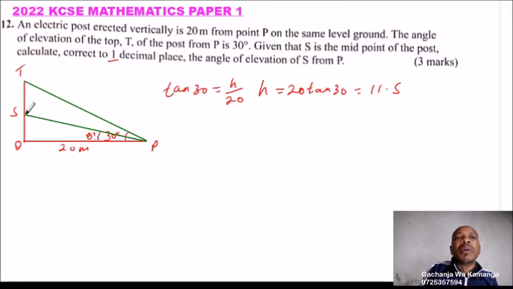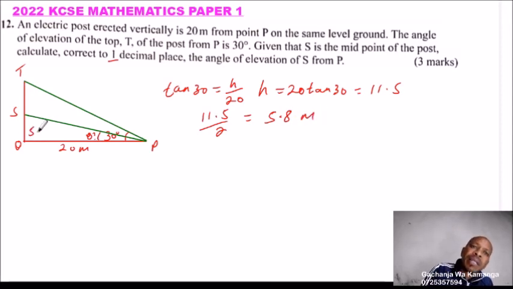Now from O to S, S is the midpoint of the post, so we divide 11.5 by 2, and we get around 5.8 meters.